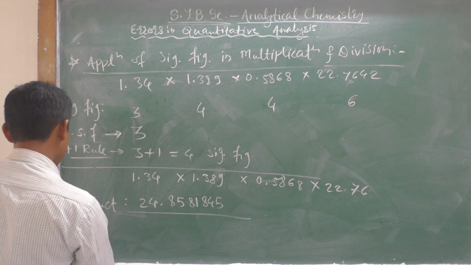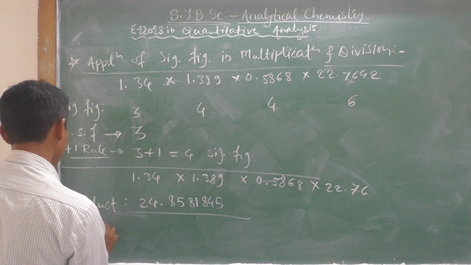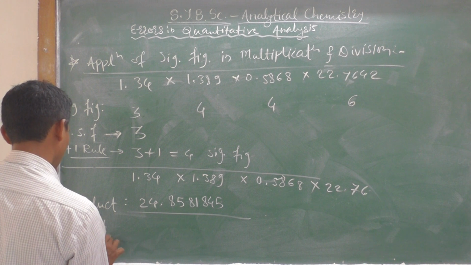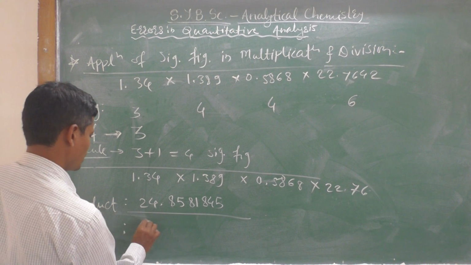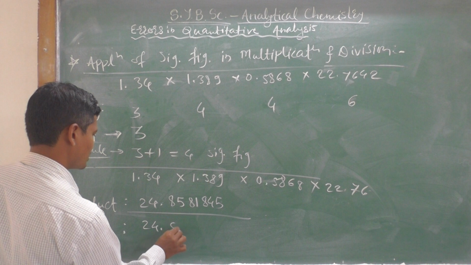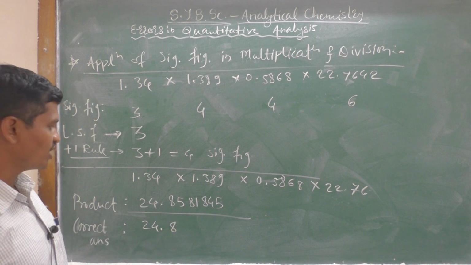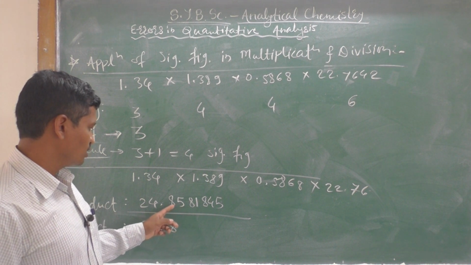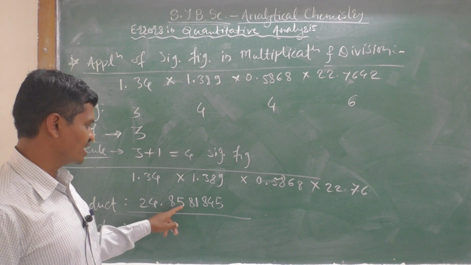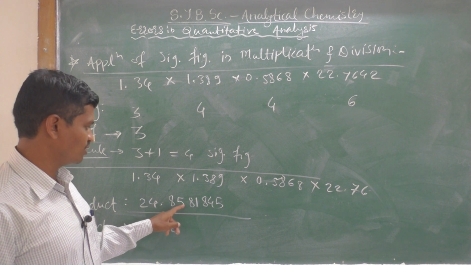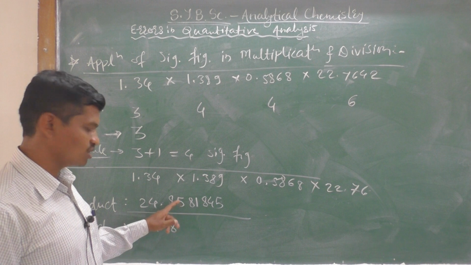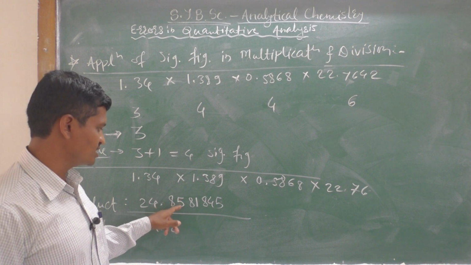Okay, so the correct answer is 24.8. Now the next digit after 8 here is 5. After 5 it is 8. So let us concentrate on 5.